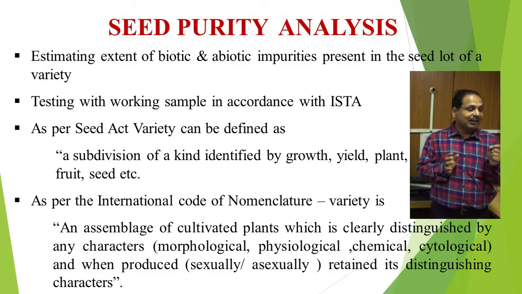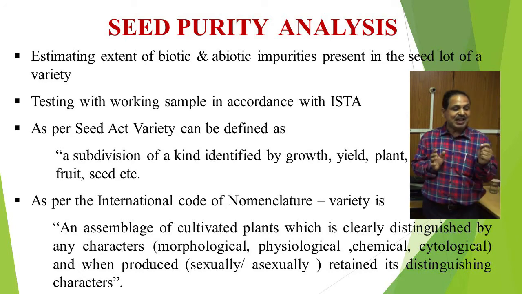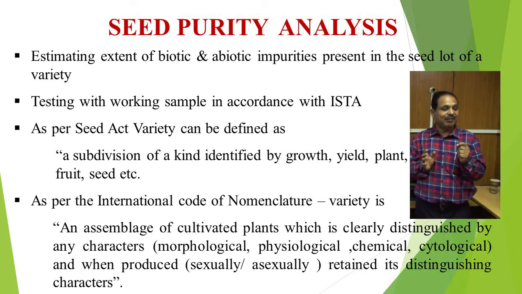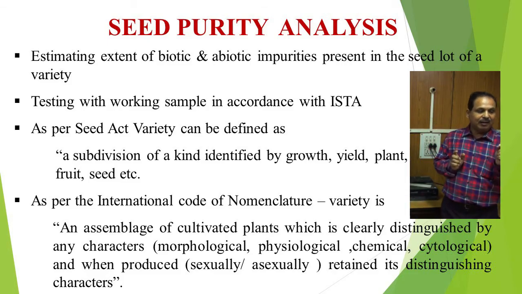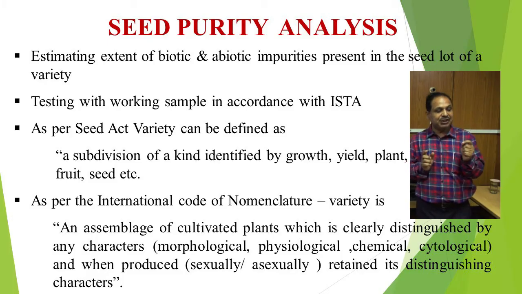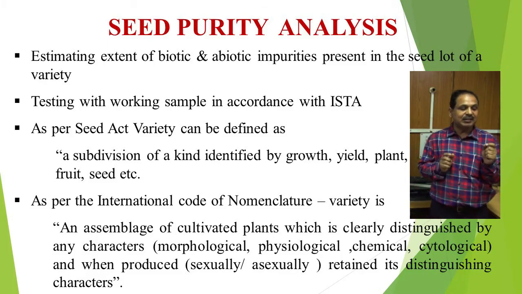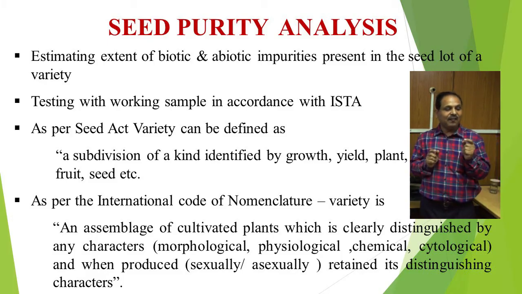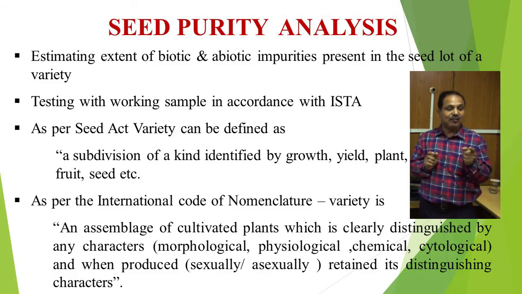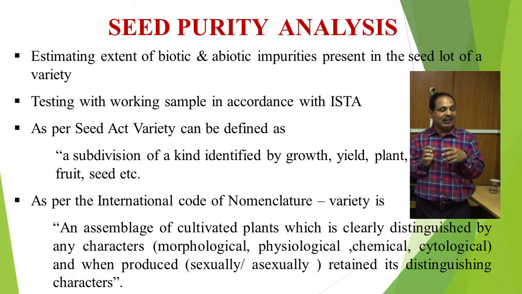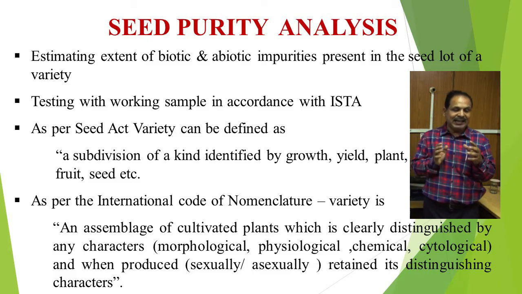We know very well that as per the Seed Act, a variety can be defined as a subdivision of a kind identified by growth, yield, plant, fruit, seed, etc. As per the International Code of Nomenclature, a variety is also defined as an assemblage of cultivated plants which is clearly distinguished by any characters.